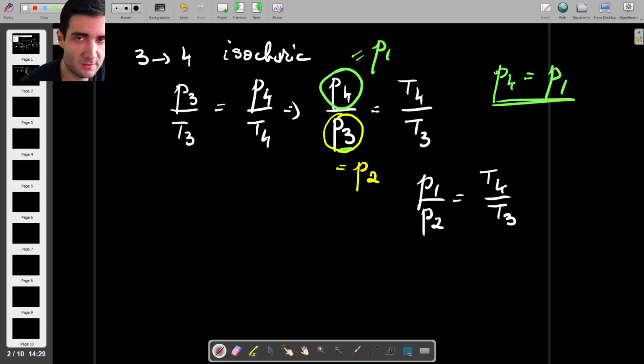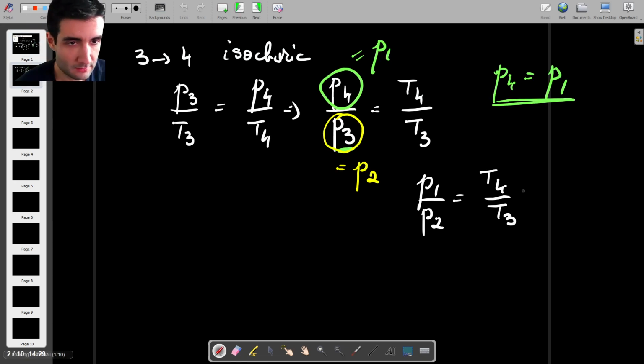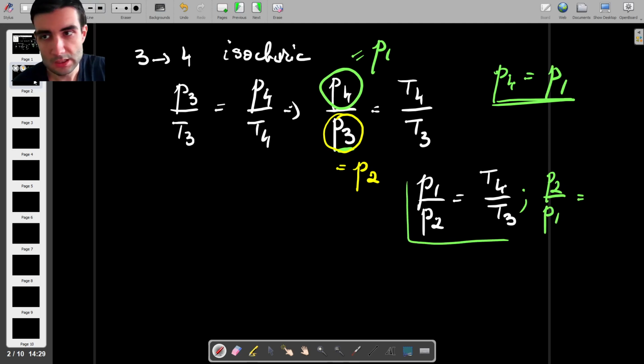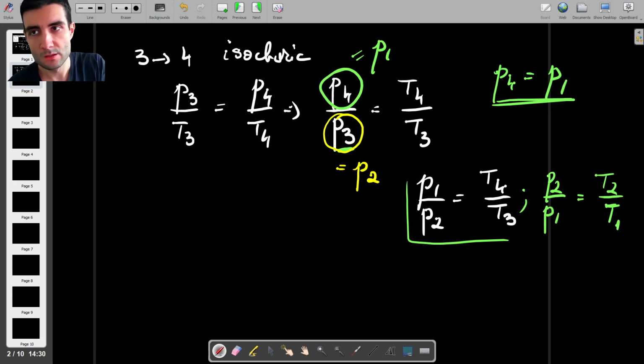Now, this may not seem useful, but if you remember from the first state, we already had an expression for P2 over P1. Besides this, P2 over P1 is also equal to T2 over T1. If we combine those together, we should be able to get something nice out of it.